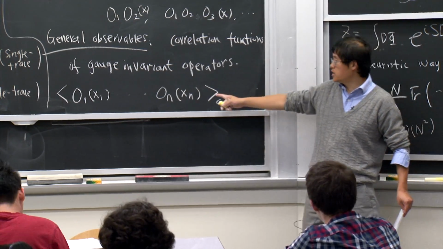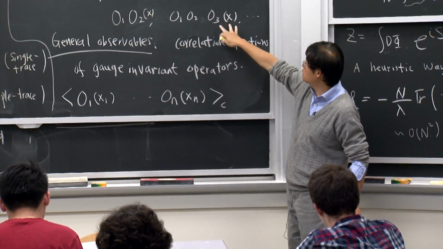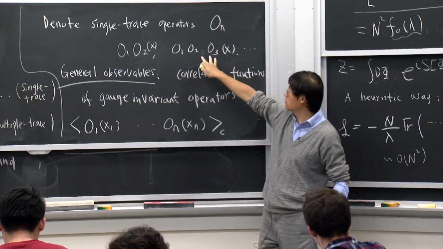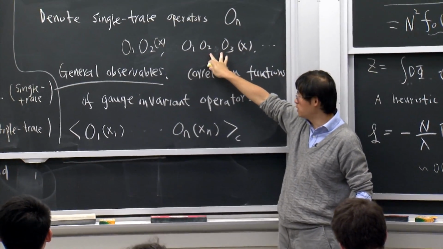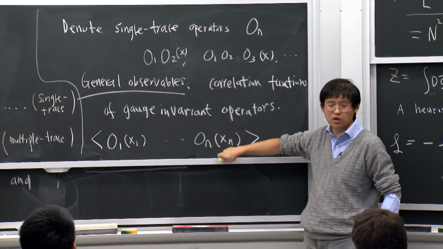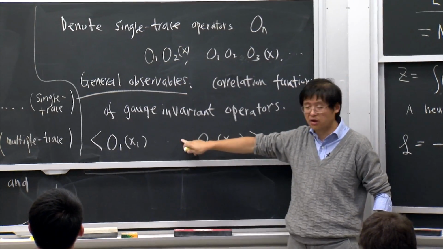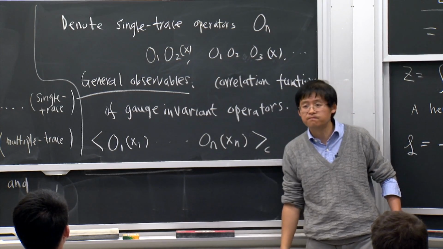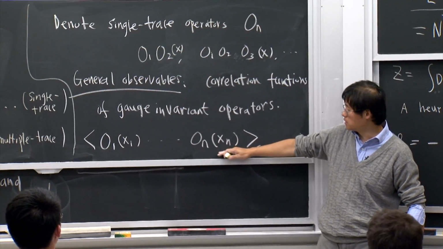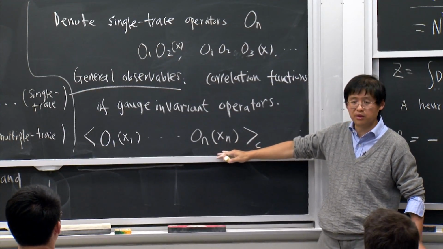So you can see immediately, since multi-trace operators are just products of single trace operators, the correlation function of multiple trace operators can be obtained from those of single trace ones, you just identify some of the x, then that will be enough. And so we only need to talk about the correlation functions of single trace operators.